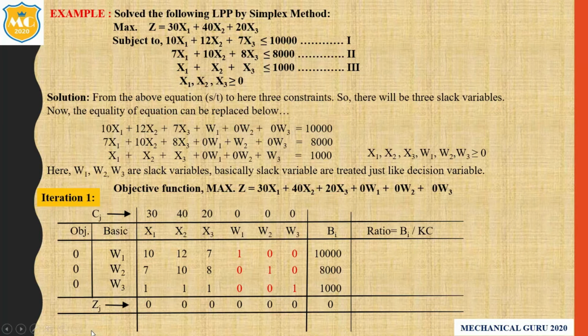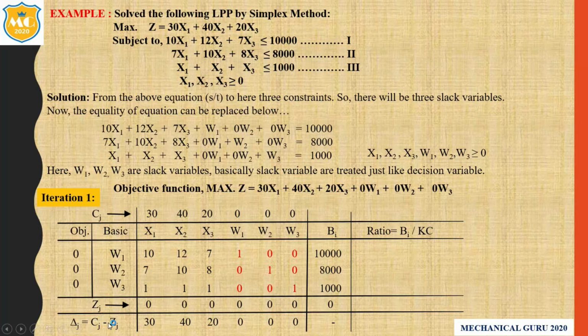Now we have to find delta j, that is Cj minus Zj. If you see different books, they represent it in different ways. In some books it is solved by Zj minus Cj, but here I will choose Cj minus Zj because the problem is maximization.